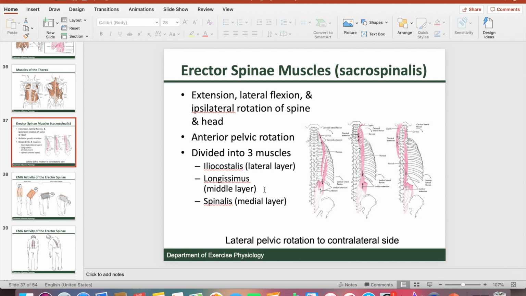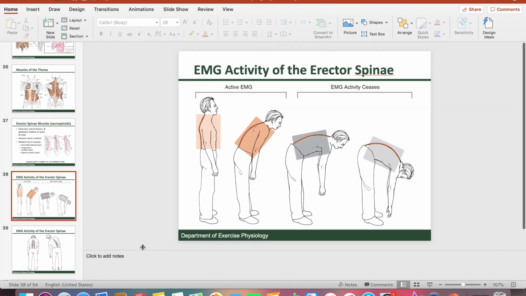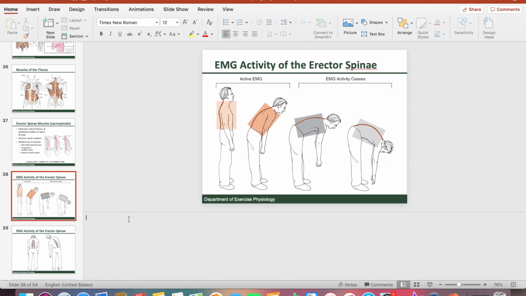We use these a lot just to stand upright every day. The reason I want to point this out is that on slide 38, we have a phenomenon called the lumbar flexion relaxation phenomenon. You could look up some articles on this if you're interested in it.